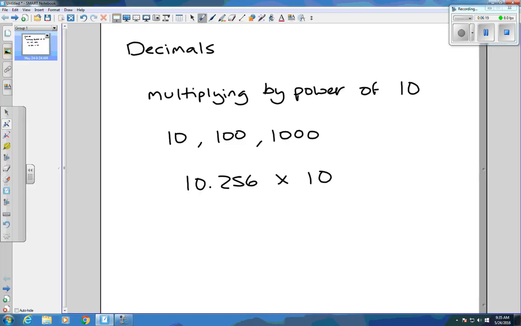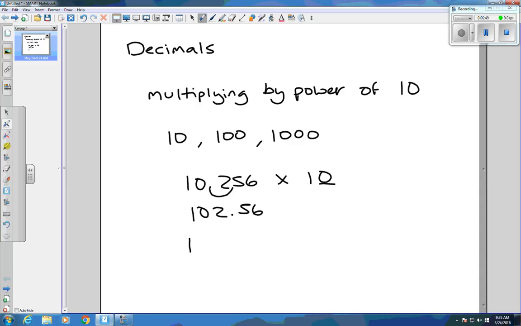When we're multiplying by 10, we have 1 zero in the number 10. You could take this decimal point and move it to the right one spot, and 10.256 multiplied by 10 is 102.56. You can easily move your decimal point over one spot to the right, the number of zeros.